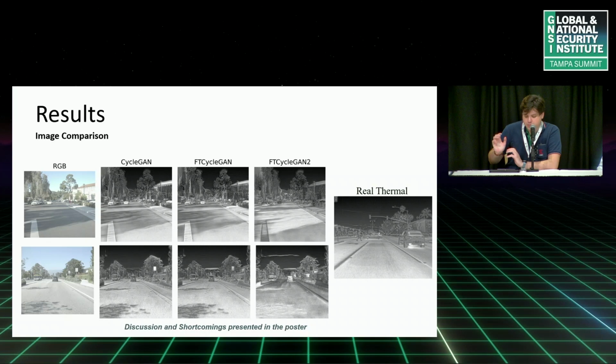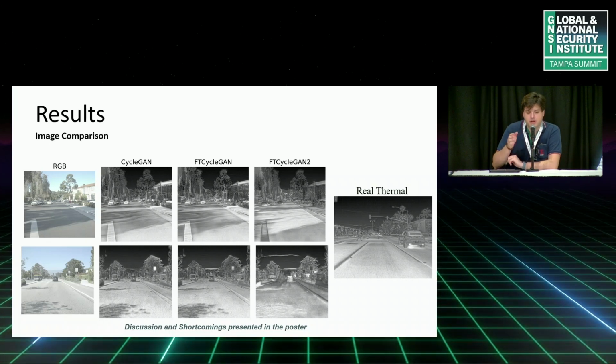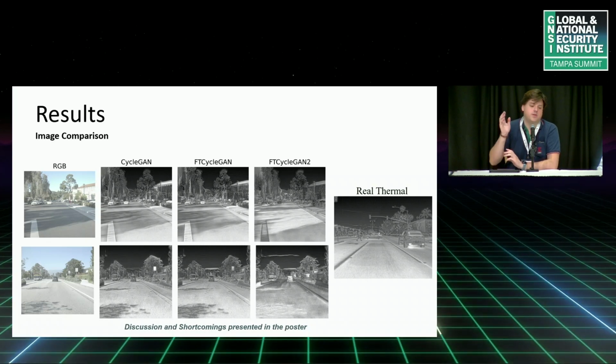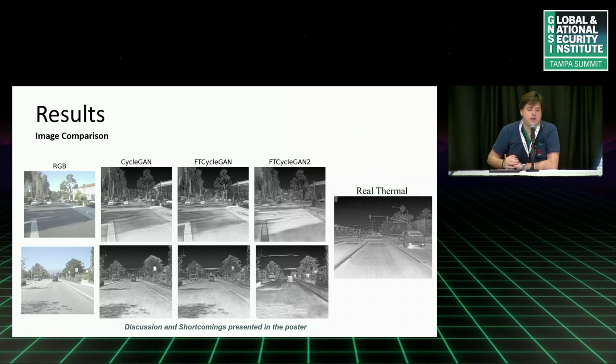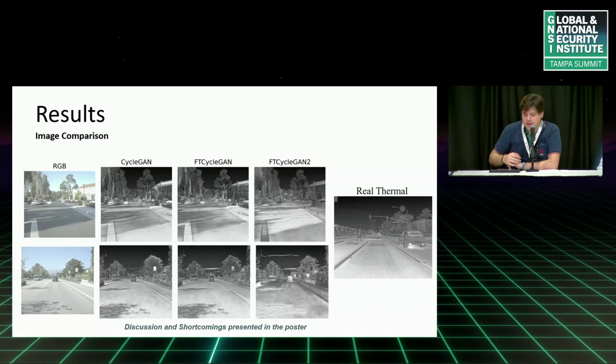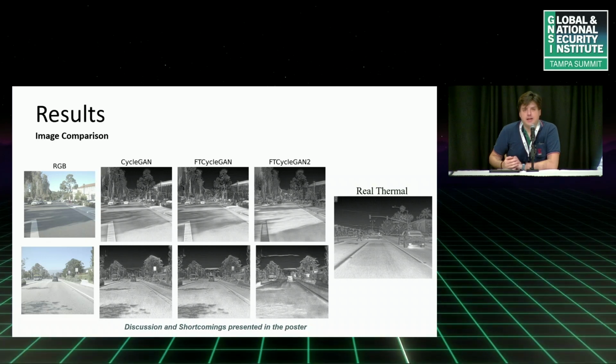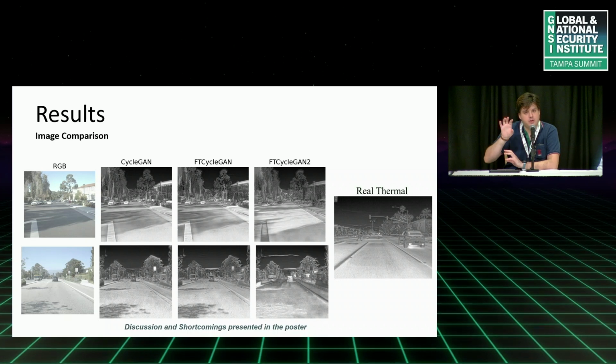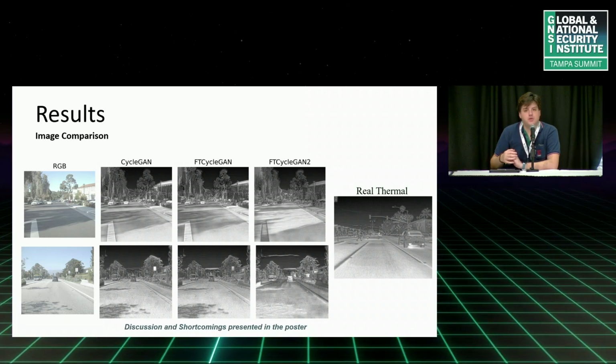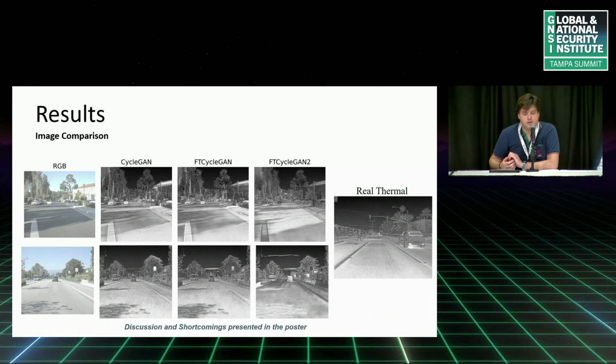So you can see some results here. We have an RGB image, and we have a comparison using CycleGAN, which comes from the paper itself, then FT-CycleGAN, which is adding the Fourier transform component to the cycle loss, and then FT-CycleGAN 2, which is using the two extra discriminators in the network.